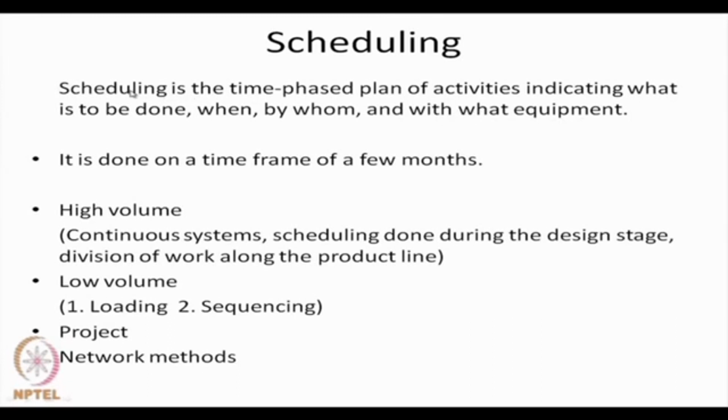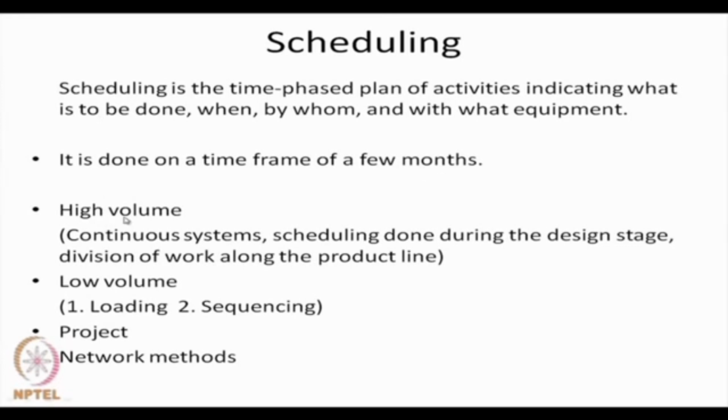So, basically scheduling is the time phased plan of activities. It is like a train timetable indicating when what is to be done, when it will be done, by whom it will be done and with what equipment. Usually it is done on a time frame of a few months.